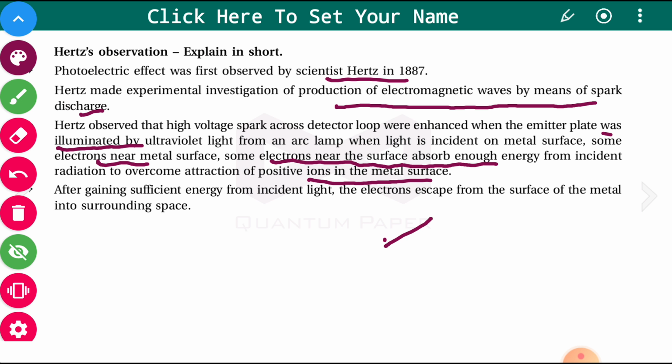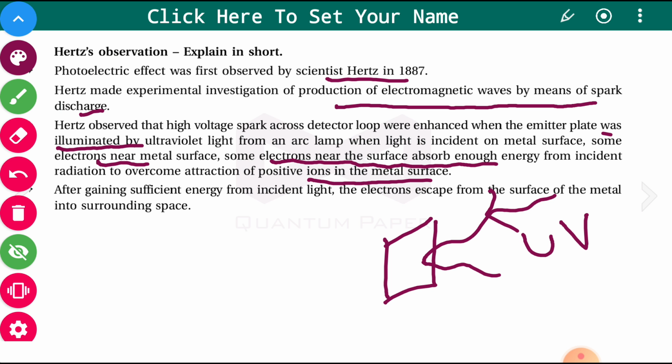from the incident radiation to overcome the attraction of positive ions in the metal surface. So a metal surface irradiated by UV light from the arc lamp, what would have happened? This plate must have emitted electrons, so this plate becomes positive. This was observed by the scientist Hertz.